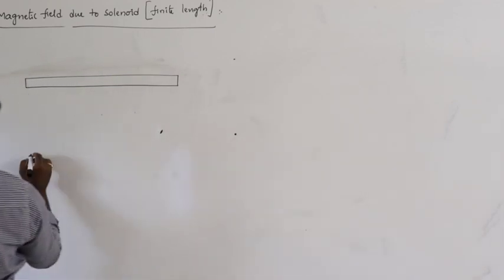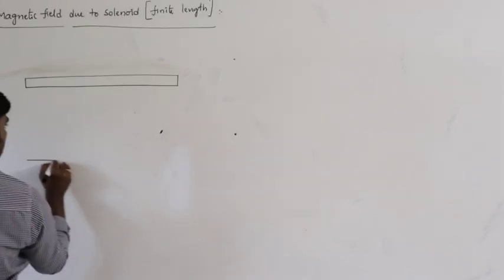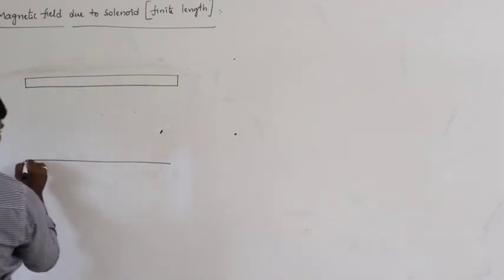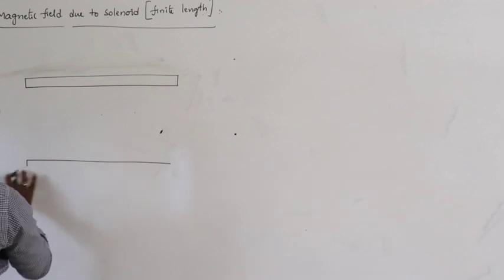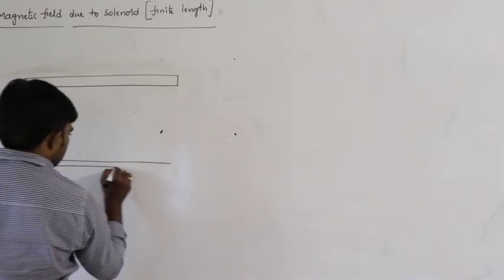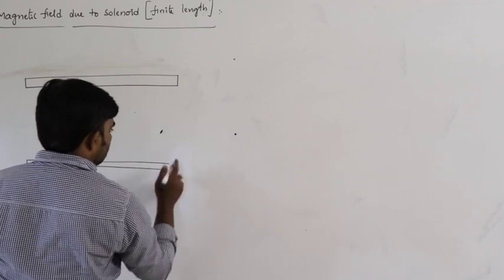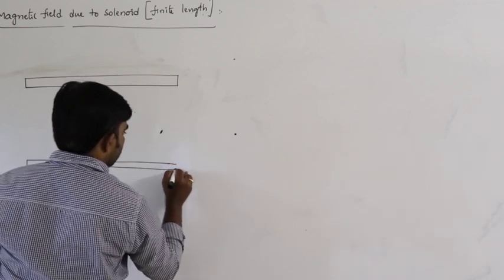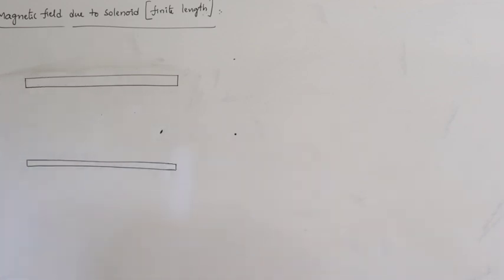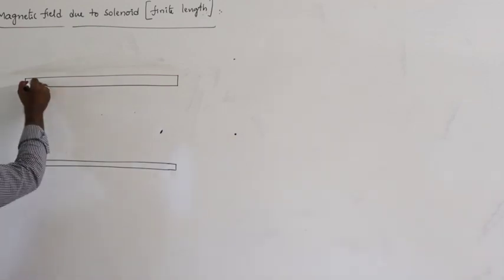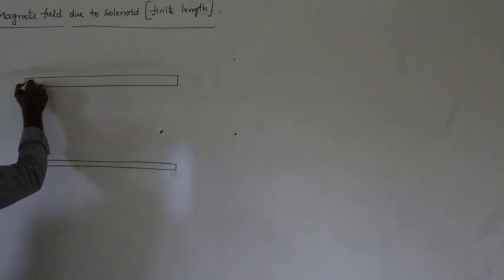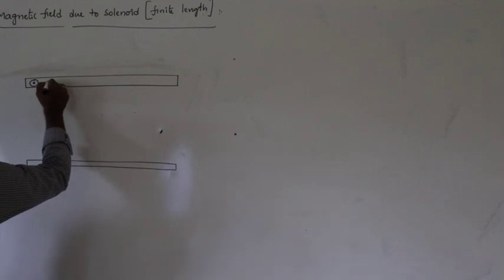Upper side and lower side, let us say. What are we considering? On the upper side, the direction of the current is outwards. So let us say the turns are like this.